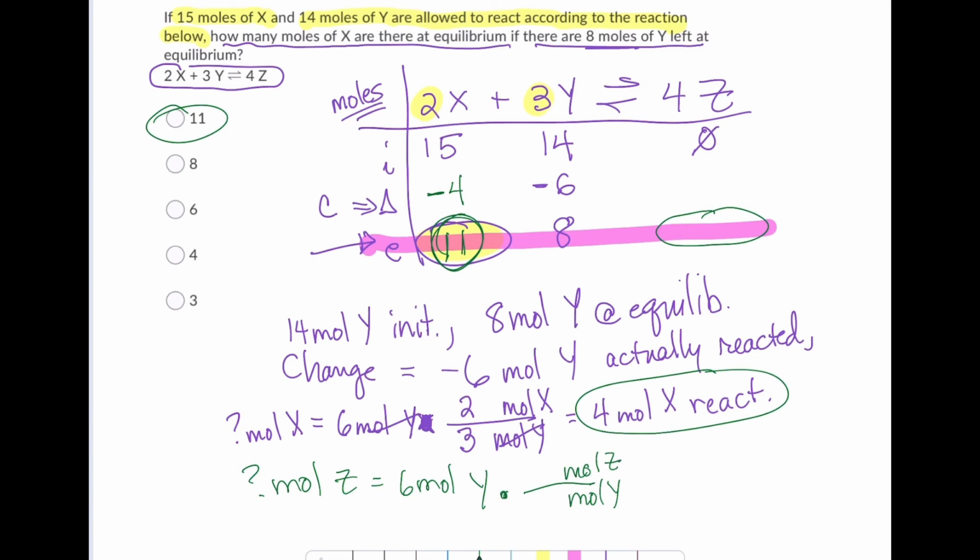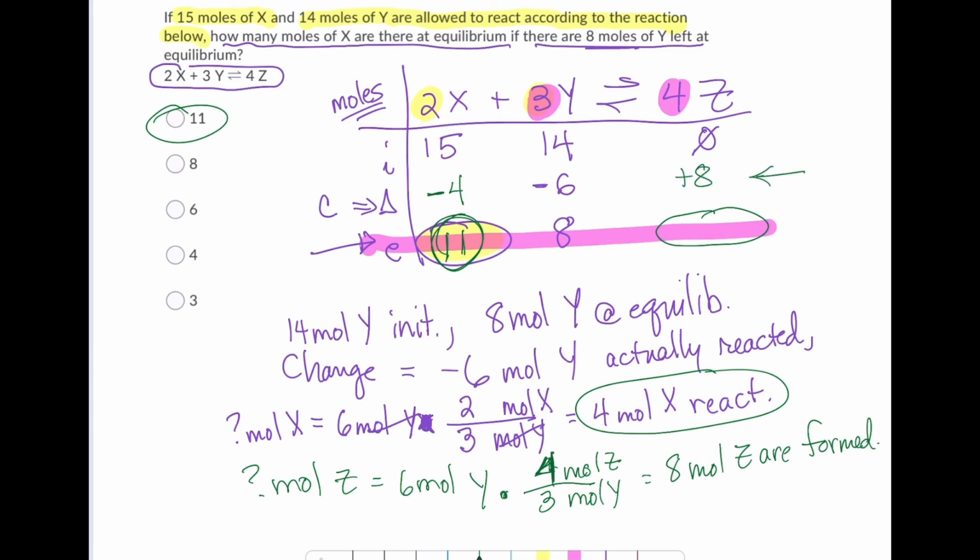I use the 4 and the 3 in the stoichiometry. So 4 over 3, and that answer is 8. That means 8 moles of Z are formed during this process, which means the change is +8.